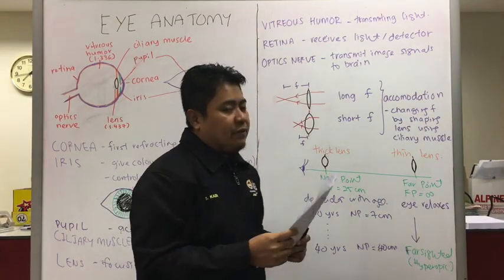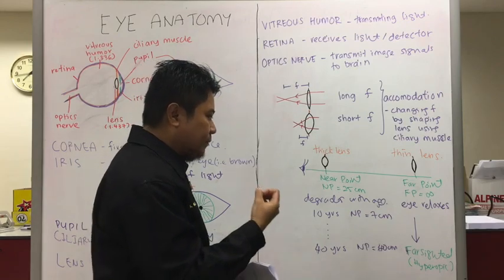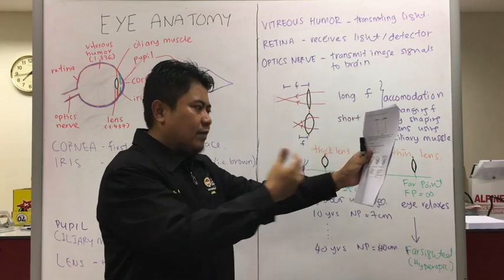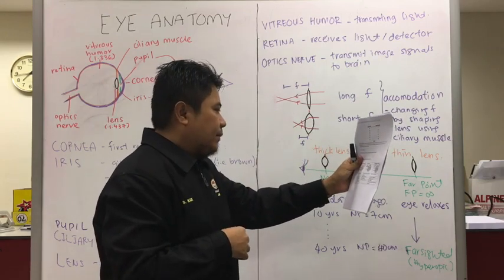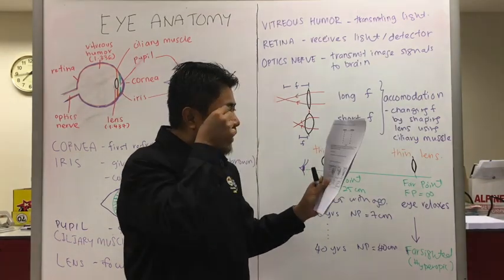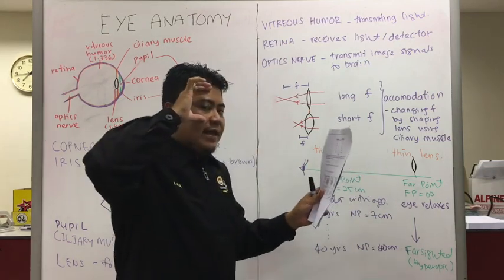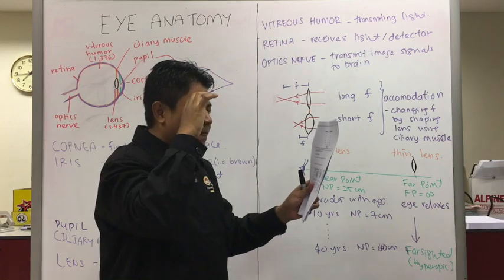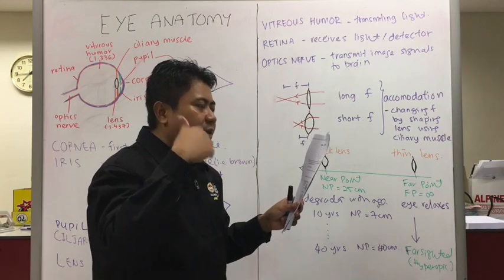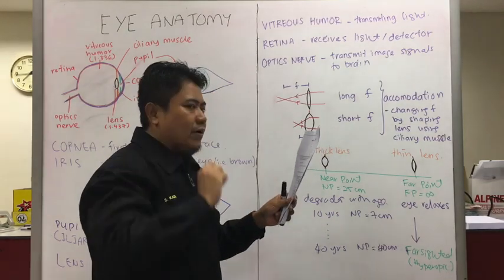And actually this near point is not fixed. It depends on age. As we get older, our near point becomes further from our eye. When you bring an object close to your eye, your lens thickens, so your ciliary muscle has to compress. When you are getting older, the ability to compress the lens becomes weaker, so you can no longer shape your lens.